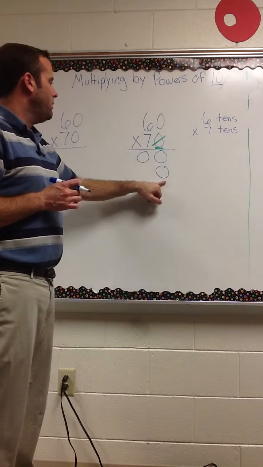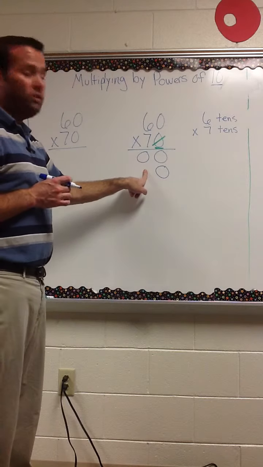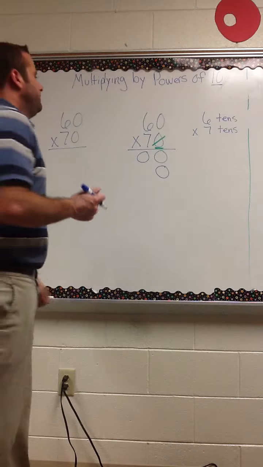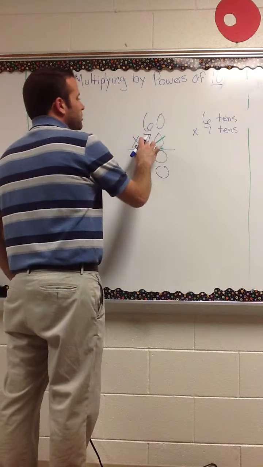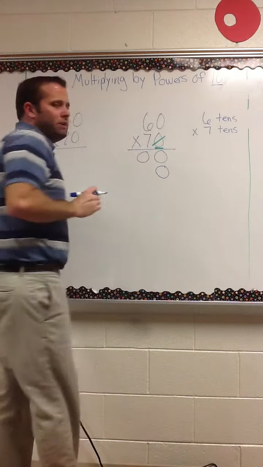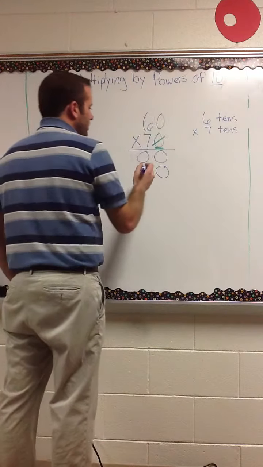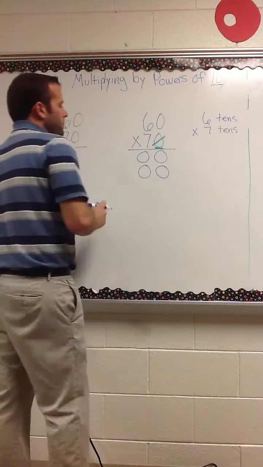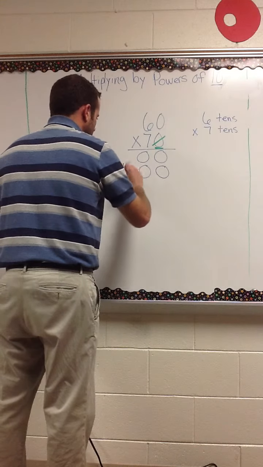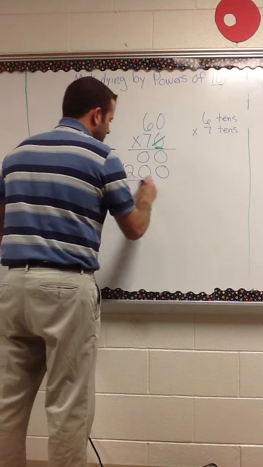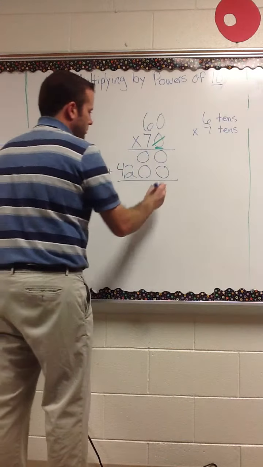So this 0 pushes me to the tens place that takes care of that for me. So now I take my 7 here and I have to multiply it by every digit in my top factor. 7 times 0 is 0. 7 times 6 is 42.